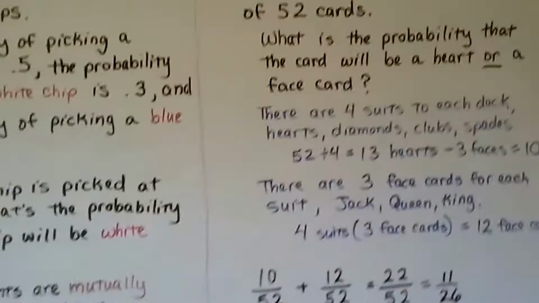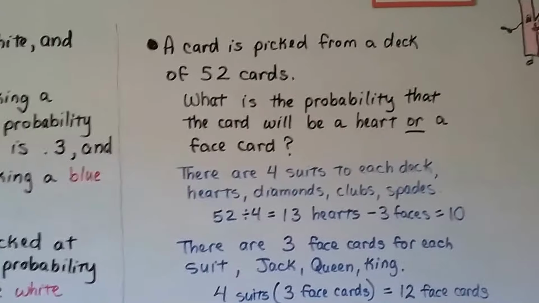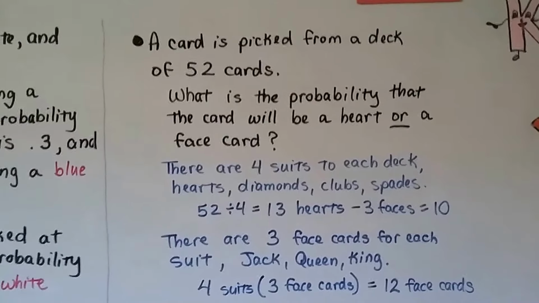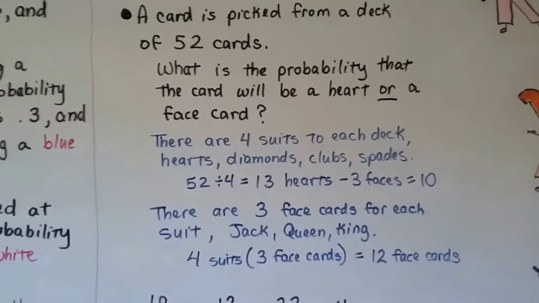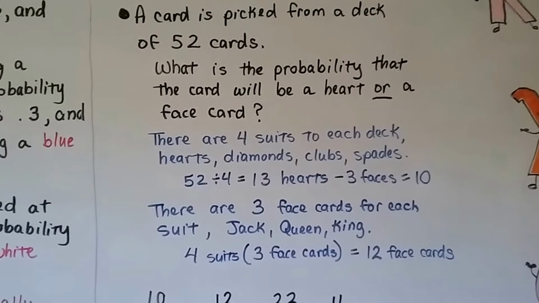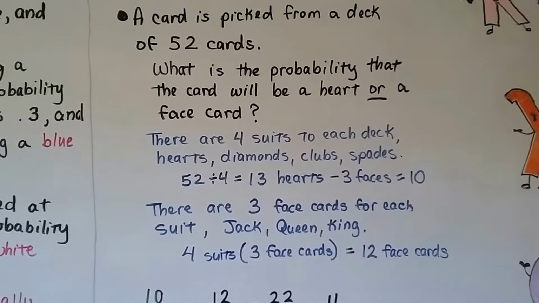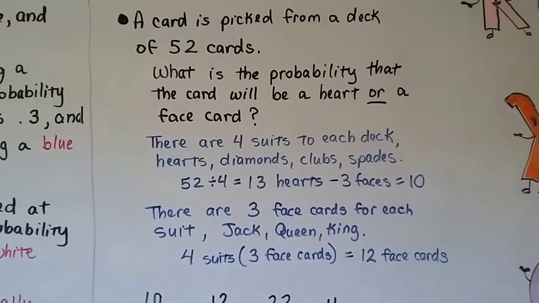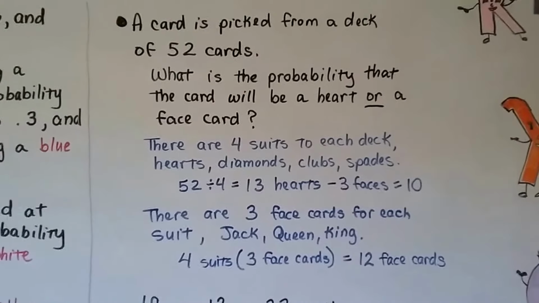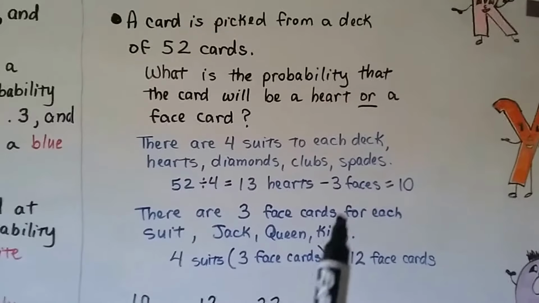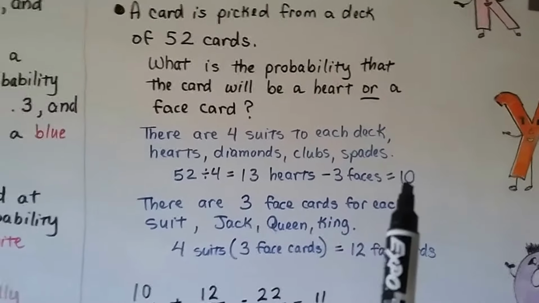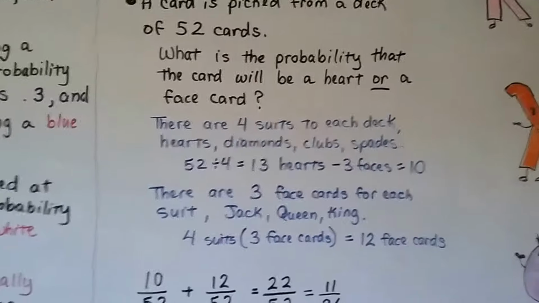A card is picked from a deck of 52 cards. What is the probability that the card will be a heart or a face card? There's 4 suits to each deck: hearts, diamonds, clubs, spades. If we do 52 cards divided by the 4 suits, that means there must be 13 hearts. If we take the face cards out of the hearts, there's 3 of them, that means there's 10 heart cards that are not faces.